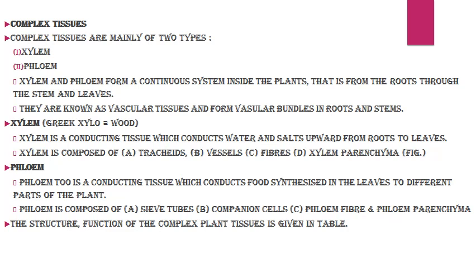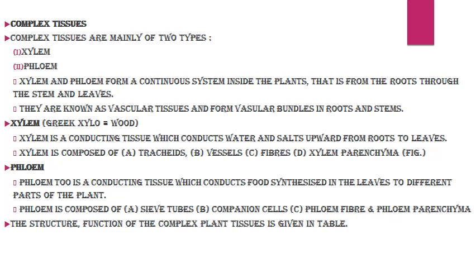Xylem is composed of tracheids, vessels, fibers and xylem parenchyma. Phloem. Phloem too is a conducting tissue which conducts food synthesized in the leaves to different parts of the plant. Phloem is composed of sieve tubes, companion cells, phloem fibers and phloem parenchyma.